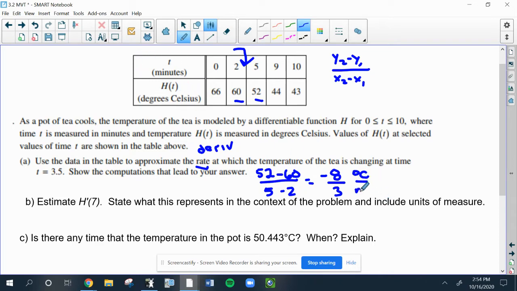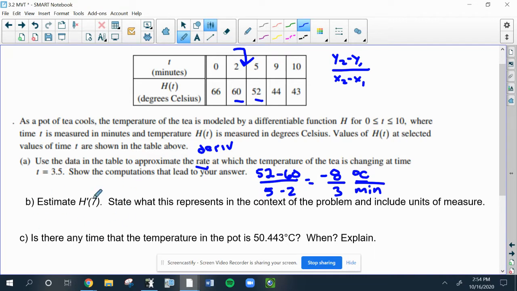So that is a rate. Remember, unit per time. That's how you estimate a derivative. And that's what B asks. So I would pause this and see if you can estimate h prime of 7, and then check it with my work that I'm going to do right now.